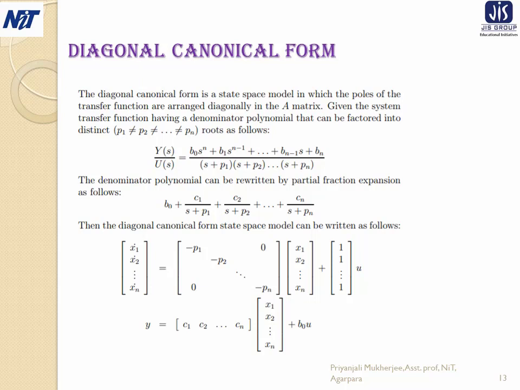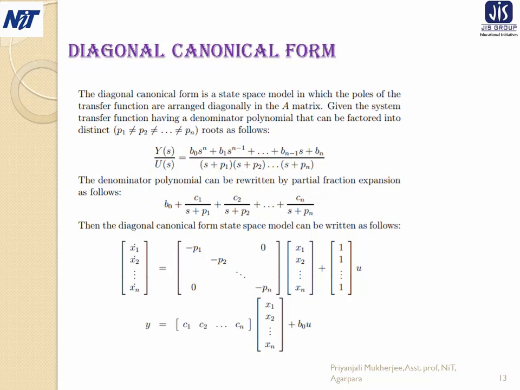So we can write the form in this way, and if the transfer function can be written in this way, we can use the partial fraction expansion method, and then we can write the transfer function as b0 plus c1 by s plus p1, plus c2 divided by s plus p2, plus cn divided by s plus pn.